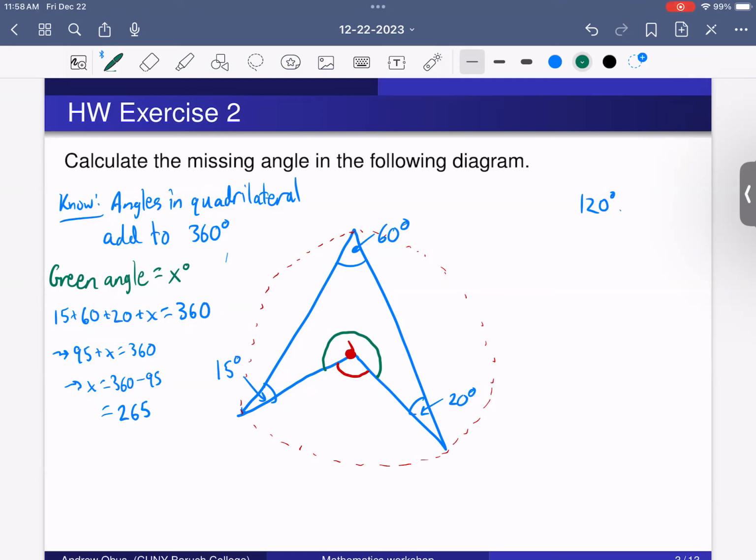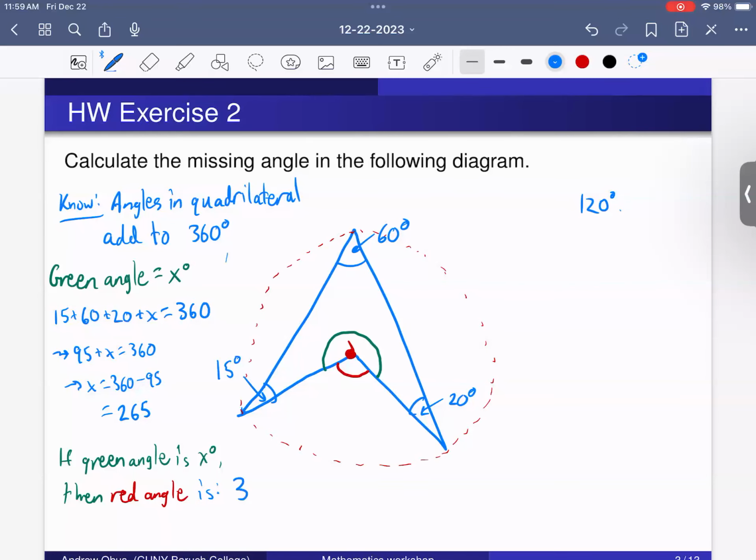So if the green angle is X degrees, then how do we calculate the red angle? The red angle will be 360 degrees minus the green angle, the complete circle.